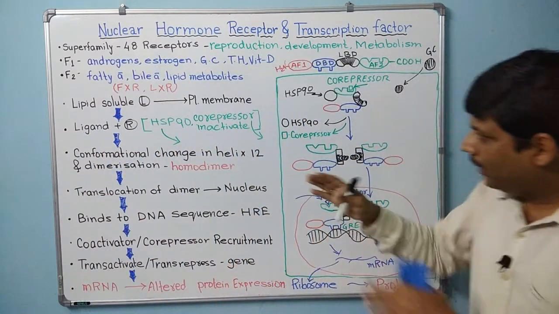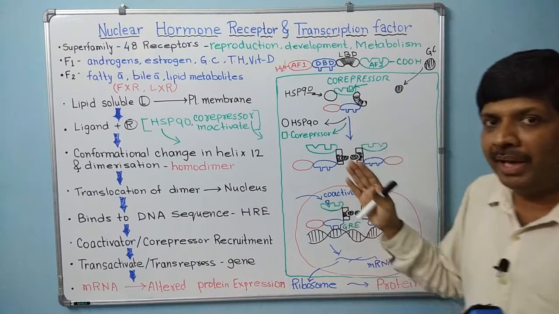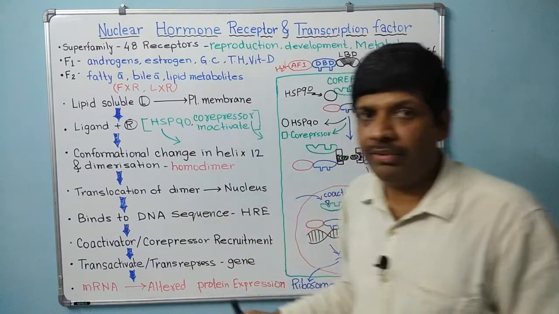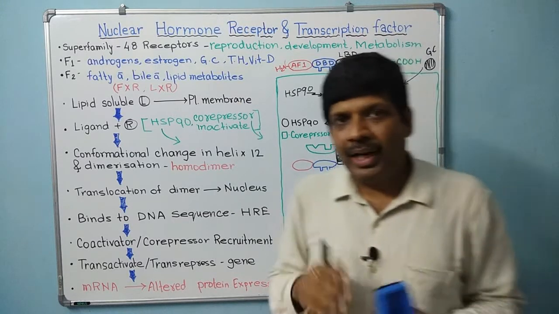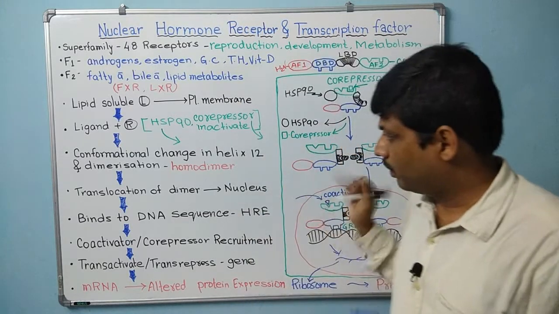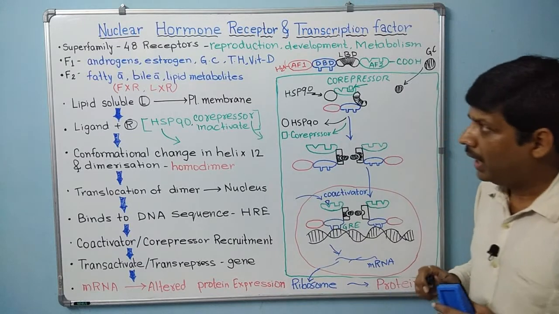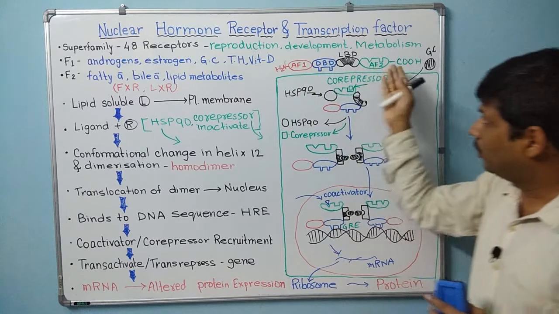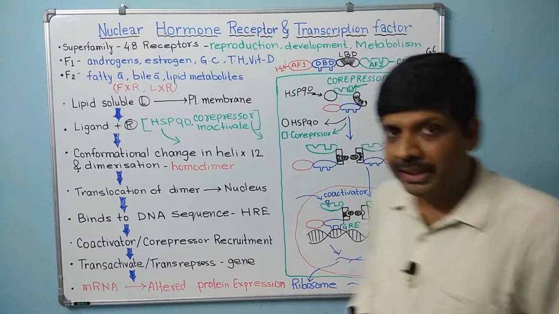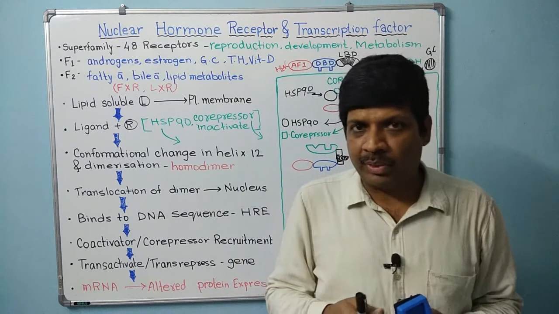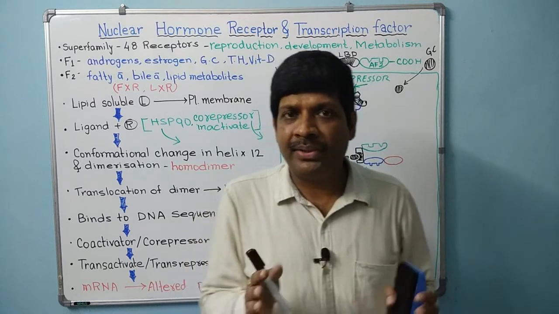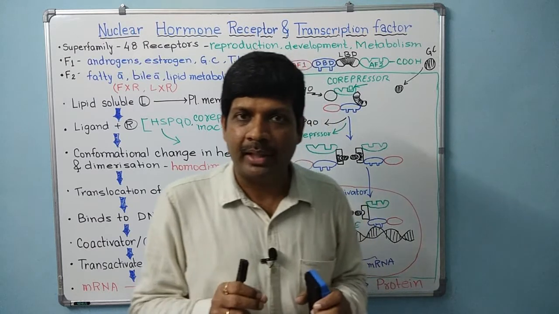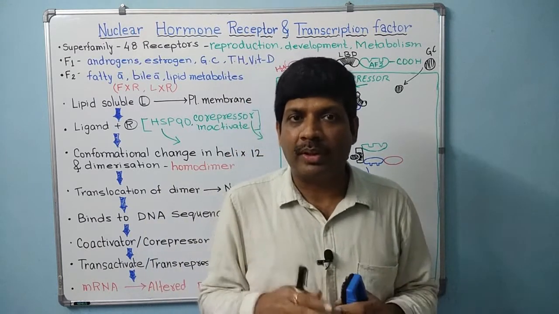Now I will explain the whole mechanism, the whole pathway, with the help of this figure. Before I start explaining the pathway and the figure, I would like to explain the structure of the nuclear receptor. If you refer to books, you will find differences in the structure; the pattern or the drawing is different from book to book.